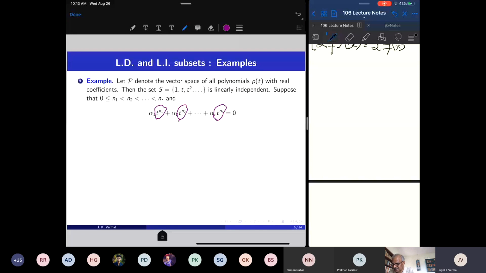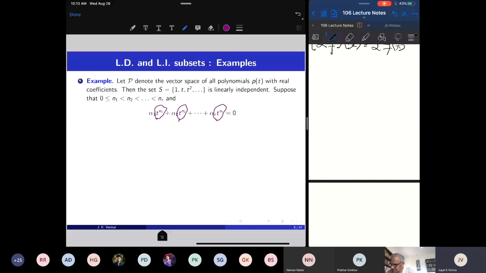Earlier we multiplied by e to the power minus alpha n x and took the limit. But now we can differentiate. If I differentiate nr times, these other terms will go to 0, and alpha r will be multiplied by some number, and that term will only survive, and that will say alpha r is 0.